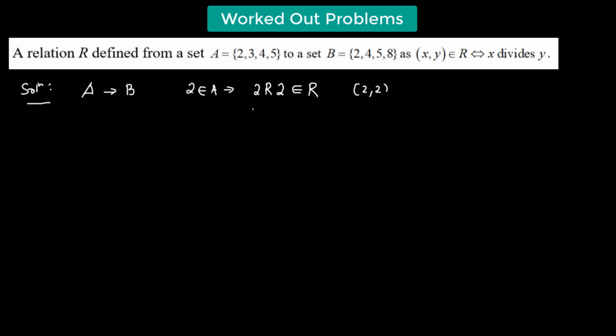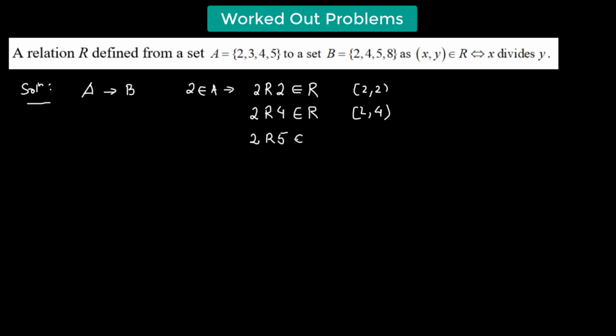Then we move on to the second element in y, which is equal to 4. So 4 is divisible by 2, so that means this is indeed a valid relation. So this is also going to our relation R. So 2 and 4 is going to form the second ordered pair. Then we move on to 2R5. Now we see that 5 is not divisible by 2, so the relationship is not holding.